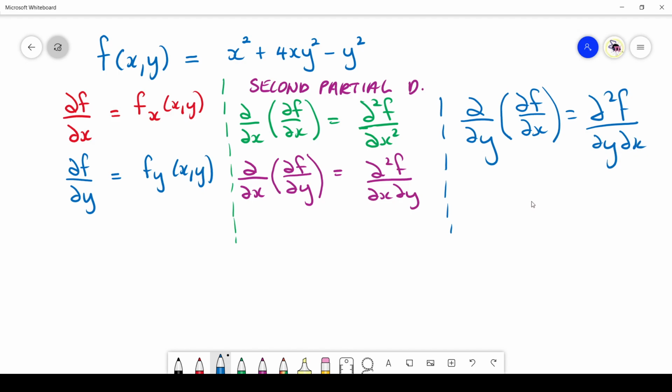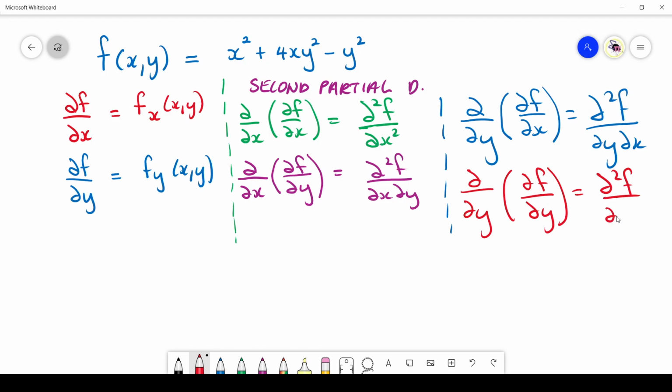You can see it looks like a switcheroo of the previous one we did in purple over there. And finally, you can decide to differentiate with respect to y if in the first instance you had also differentiated with respect to y. That would result in delta 2f delta y squared.